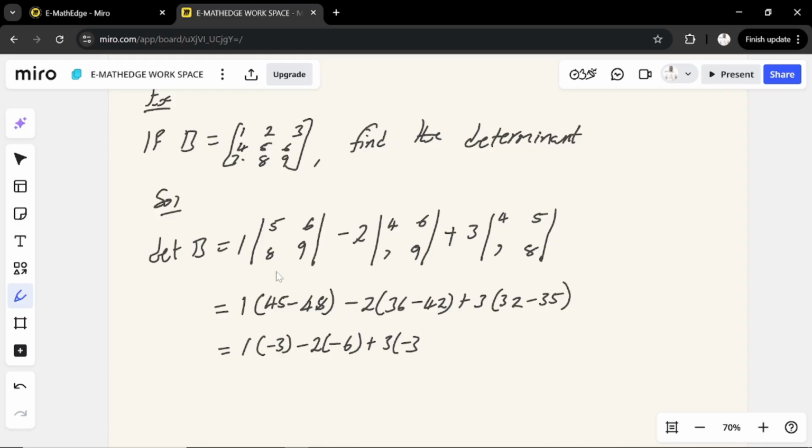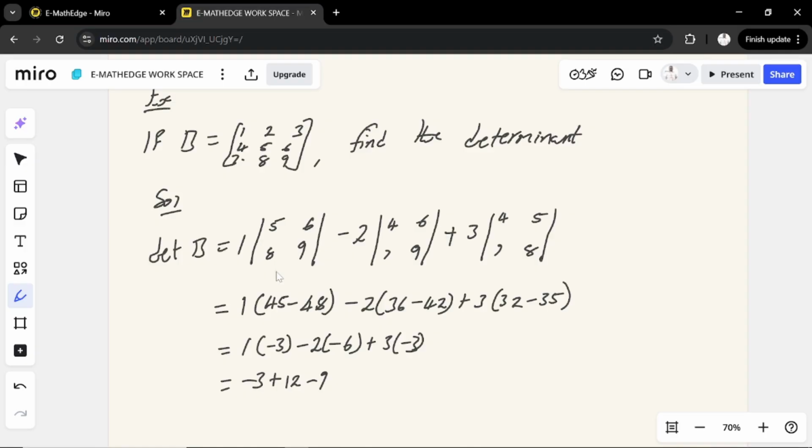Minus 3. So with this, we are going to have 1 multiplied by minus 3 to be minus 3. Minus 2 multiplied by minus 6 is going to be positive. Why? Because minus multiplying minus is going to be positive, and 2 multiplying 6 will give us 12. And the last one, plus 3 multiplying minus 3 is going to be minus 9, right?